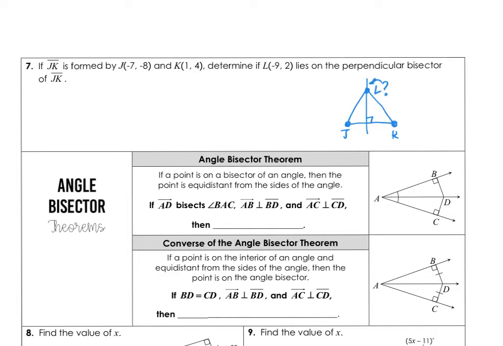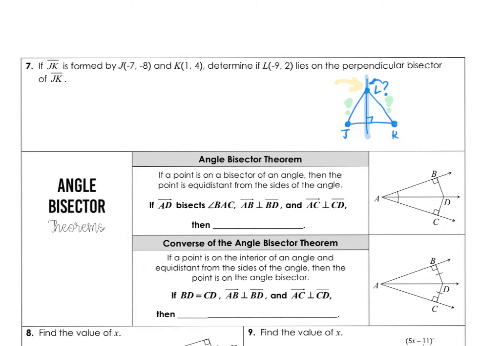So in order for L to lie on that perpendicular bisector, we don't know if this is a perpendicular bisector. Since we don't know, the only way to prove that L is on that perpendicular bisector is to determine if those segments have equal measure, right?